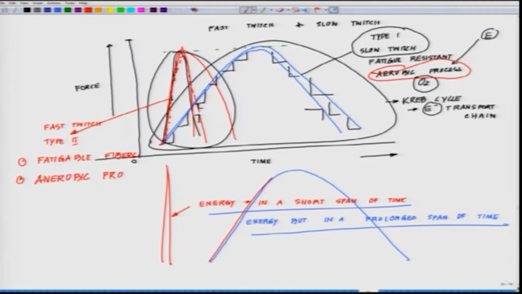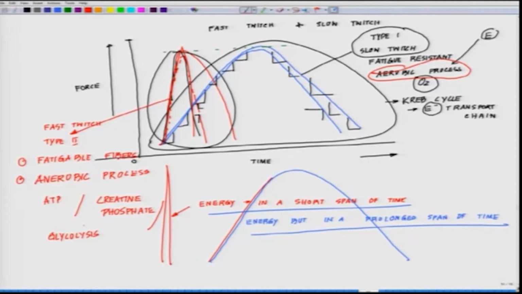Most of their energy comes from anaerobic processes, including the energy stored in the ATP bonds of the ATP, then creatine phosphate, as well as pathways of glycolysis.